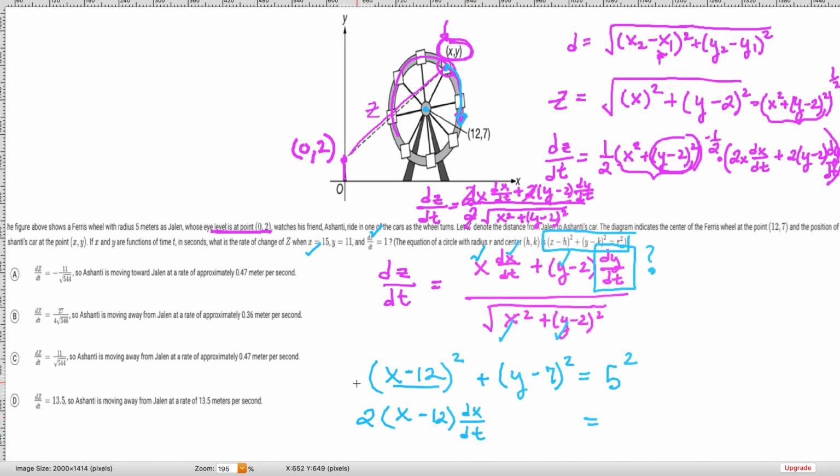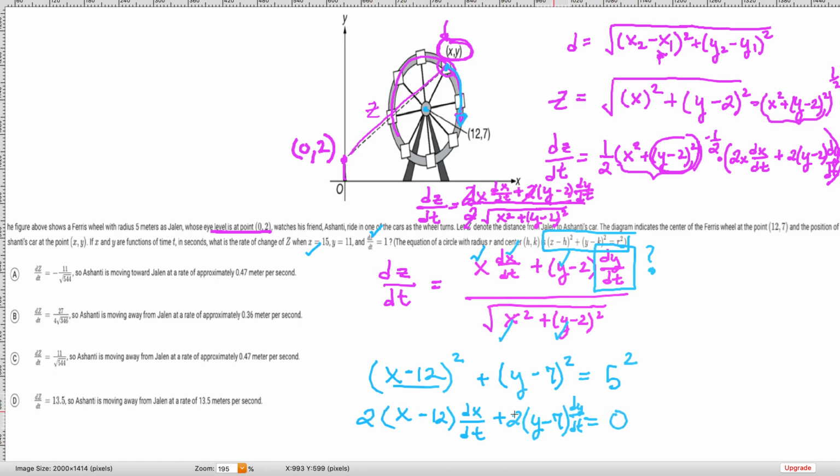So I brought down the 2. The derivative of the inside is just the derivative of x with respect to time, which is dx/dt, plus 2 times (y minus 7) times dy/dt. And then the derivative of the constant 25, or 5 squared, is 0.